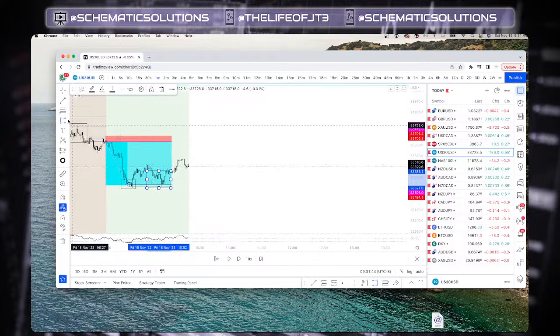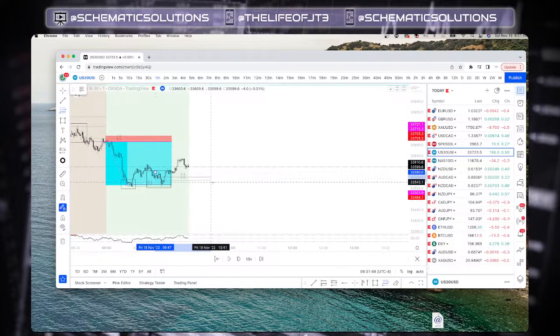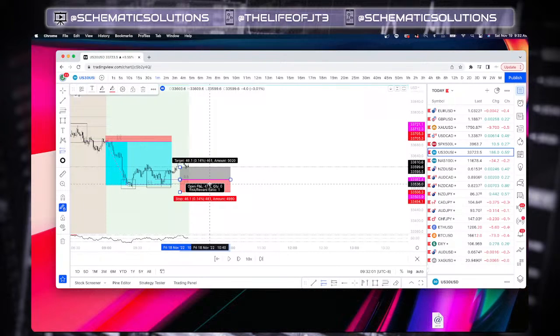So now that we confirm the reacu, we could look for a potential re-entry off of this here. And let's say we want to take 50 and 80. Let's say we just want to take 50. Really doesn't matter.